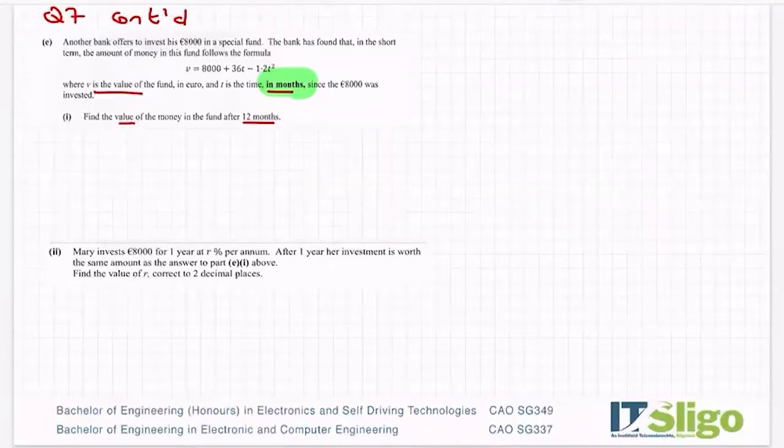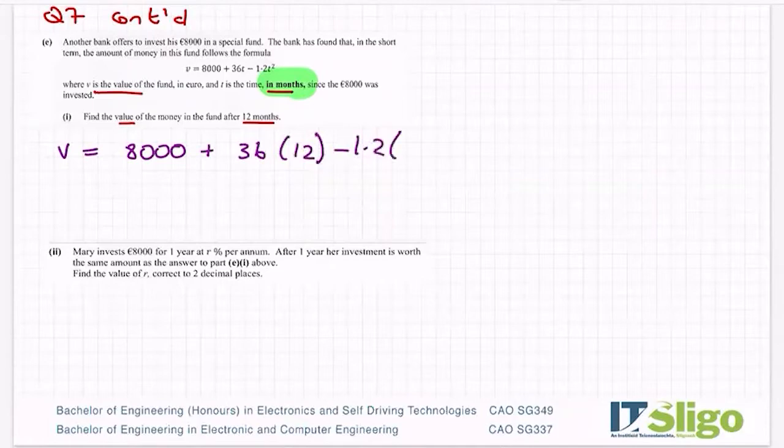So V, the value of the fund, is equal to 8,000 plus 36T, where T is time in months, minus 1.2T squared. I put that into the calculator: 8,000 plus 36 bracket 12 minus 1.2 bracket 12 squared.